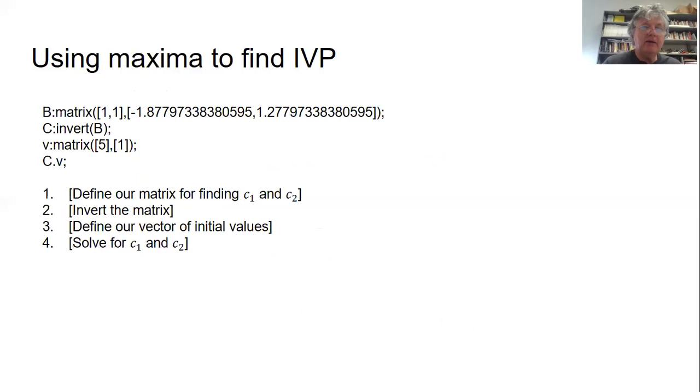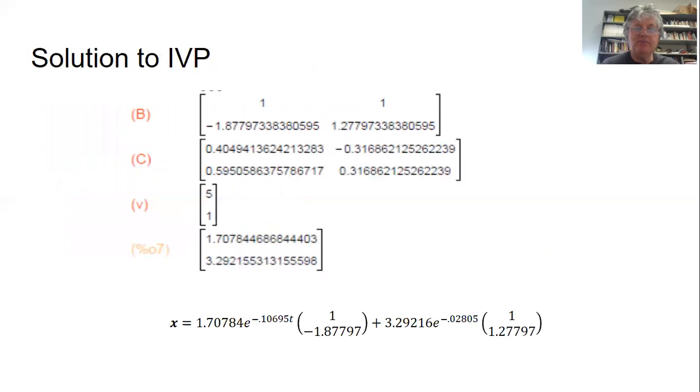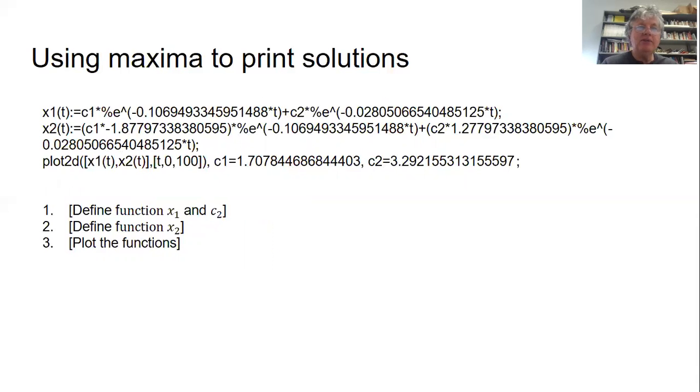You might think, oh, I don't want to type out all these things. You don't type them out, you copy and paste. That's the nice thing about using a computer. You have these numbers given to you to 10, 12 decimal places or whatever. You just copy and paste them. So to print the solutions, I actually just copied and pasted those numbers.